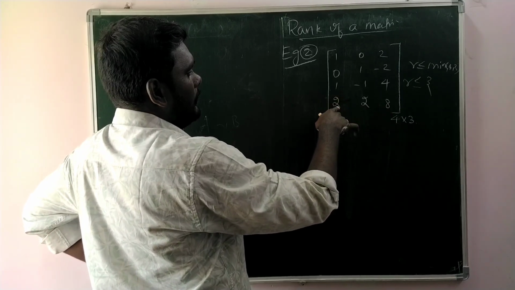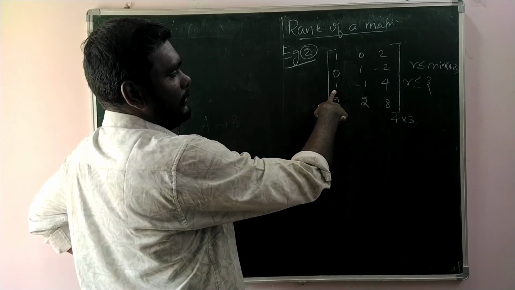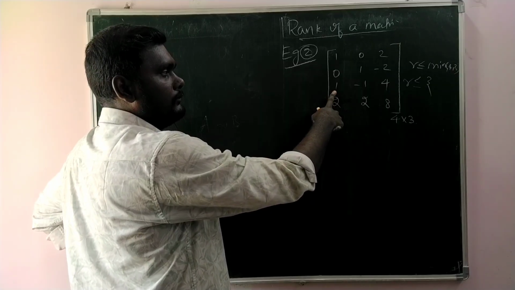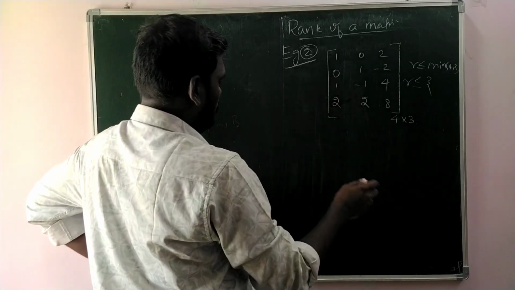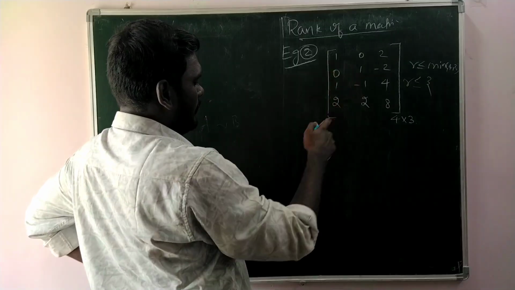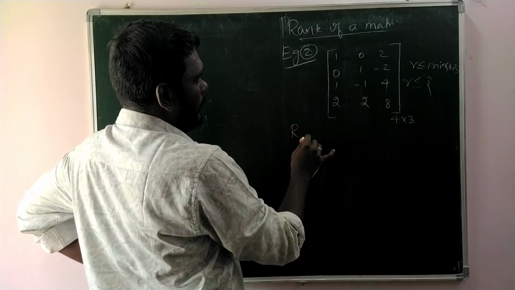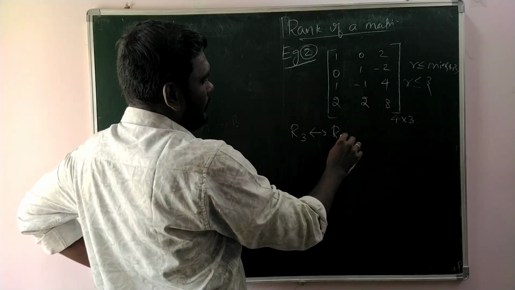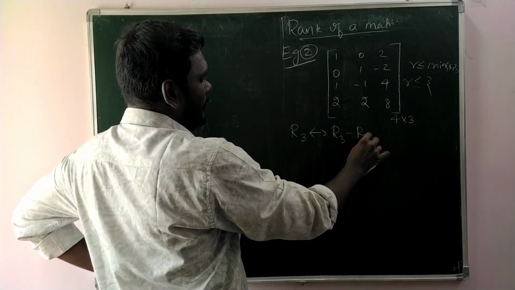Is it possible to make this element 0? Yes, how? Because I am focusing from the upside. I am going to take R3 minus R1, that is enough.